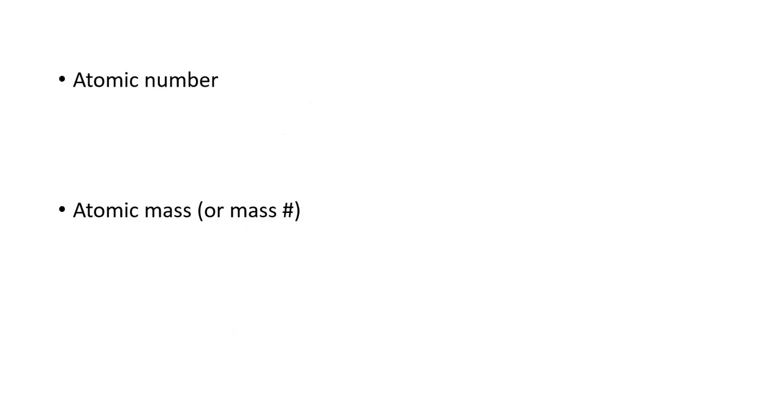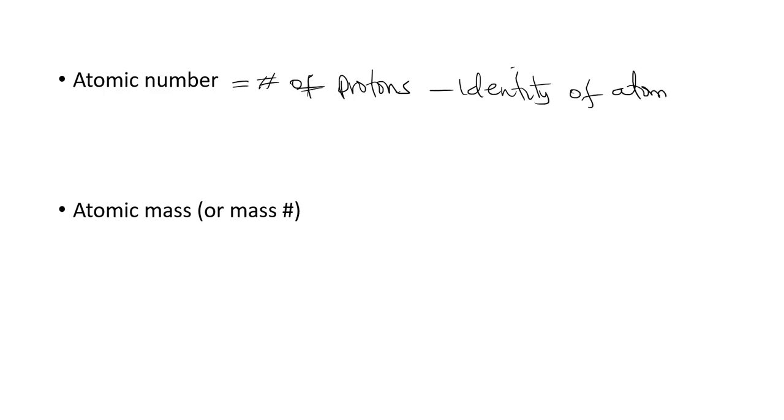So as I already indicated, when you look at an atomic number, it's just number of protons, just number of protons. Identity of atom. Mass number, number of protons, plus number of neutrons.